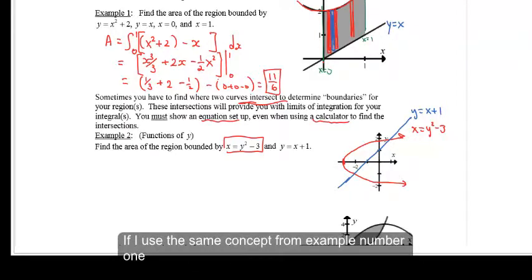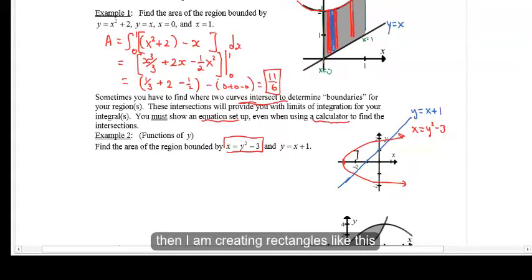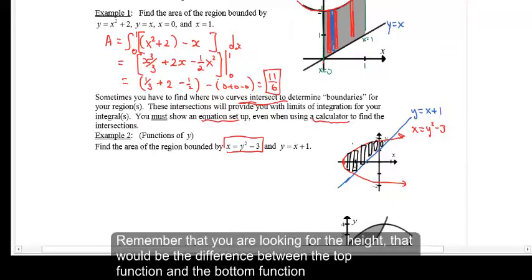If I use the same concept from example number 1, then I am creating rectangles like this, and I'm summing them along the x, which is sort of fine. Why do I say sort of fine? Remember, the idea here is you're looking for the height as the difference between the top function minus the bottom function.